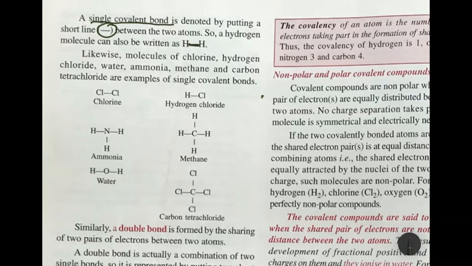Similarly, chlorine has 1, 2, 3, 4, 5, 6, 7, and it shares 1. So each chlorine will have 8 electrons in its outermost orbit, with a single covalent bond between them. In hydrogen chloride, hydrogen has 1 and chlorine has 7, sharing in between, a single covalent bond.